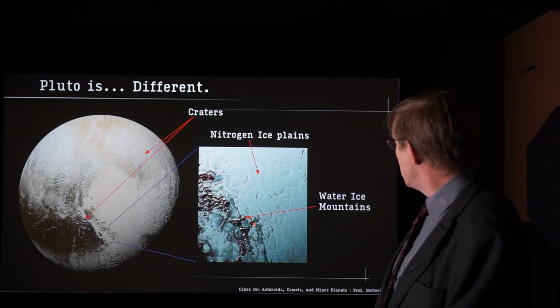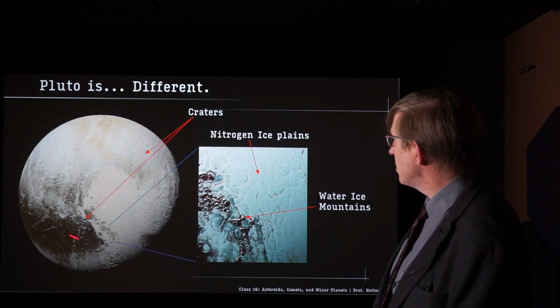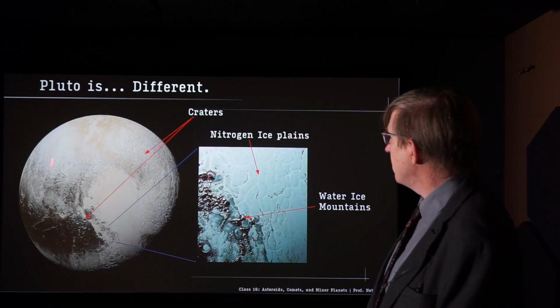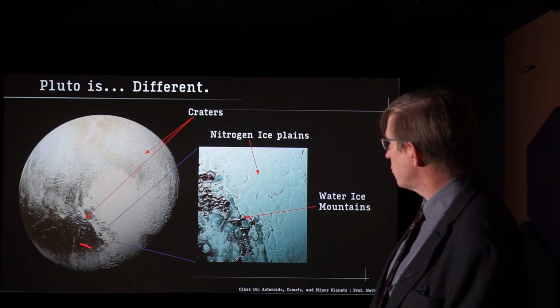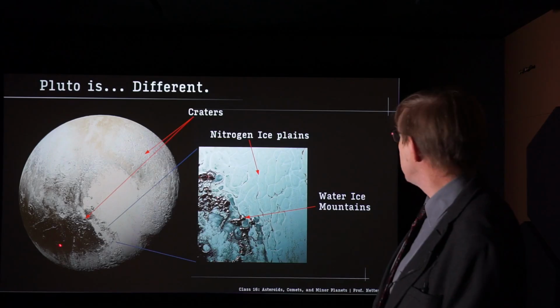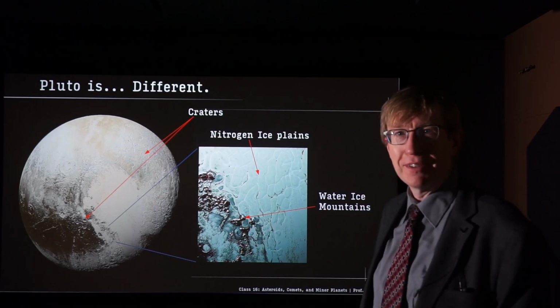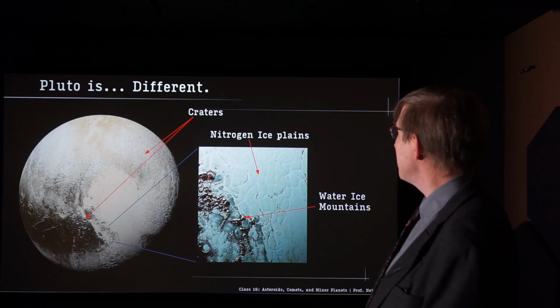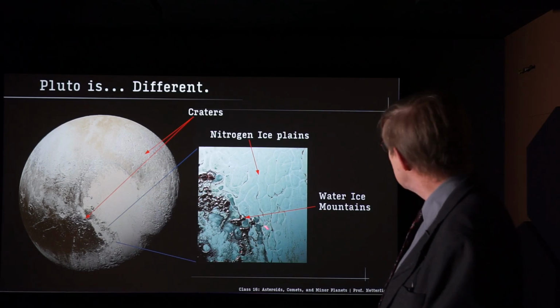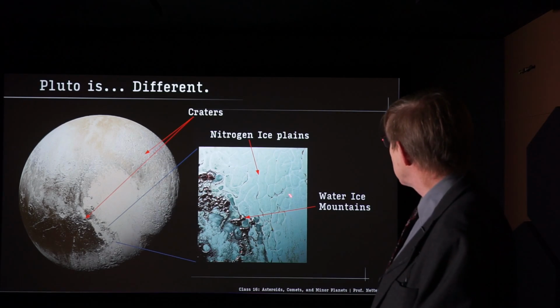Very, very cool. These right here are water ice mountains. And most of this surface over here, where you have all the craters and stuff that's stronger and older, that's probably water ice. So you have water ice mountains and nitrogen ice plains. Pluto is really cool. Pluto is different. It's a weird place. Imagine standing on this surface.